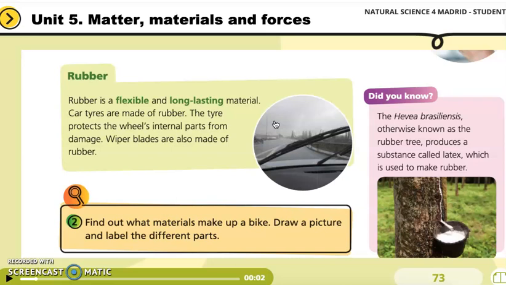Can anyone think? Okay, the correct answer is it's one of the strongest metals. All right, strongest metals. Next question.